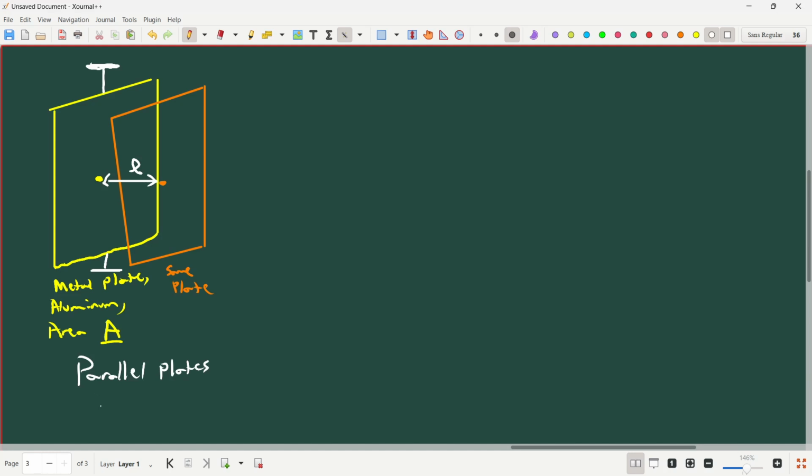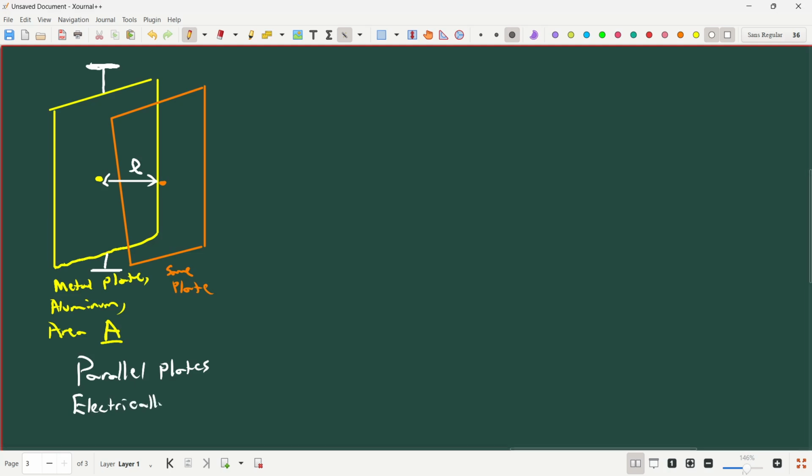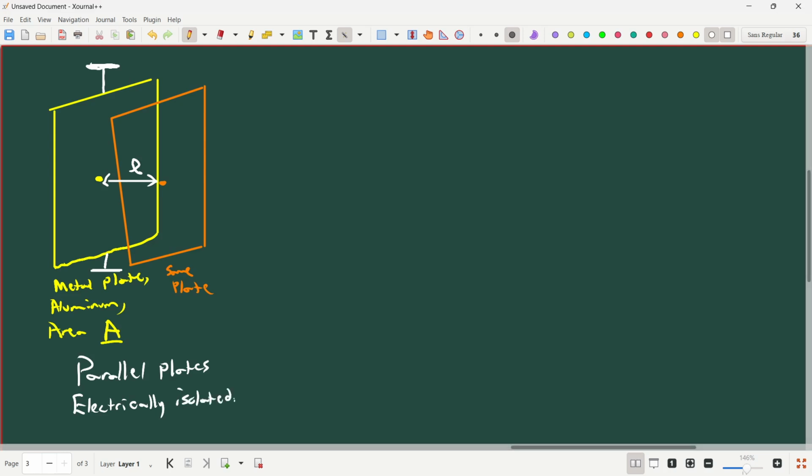They have no charges, there's no voltage running through them. They're completely isolated. They're the most boring aluminum plates you've ever seen in your entire life. They have nothing interesting about them. They're completely flat, they're parallel to each other, and we put them at some distance L.